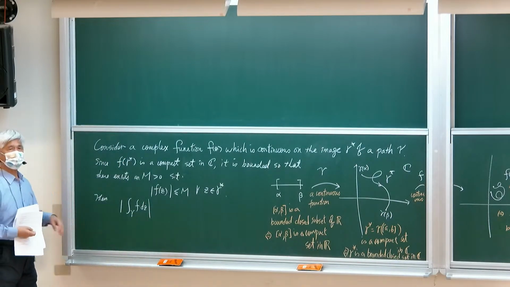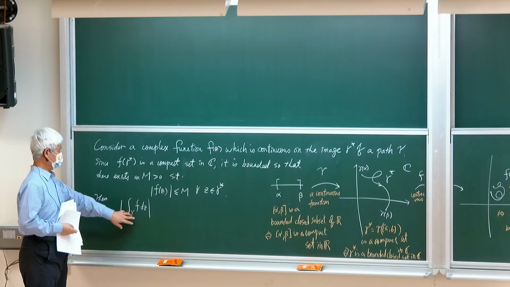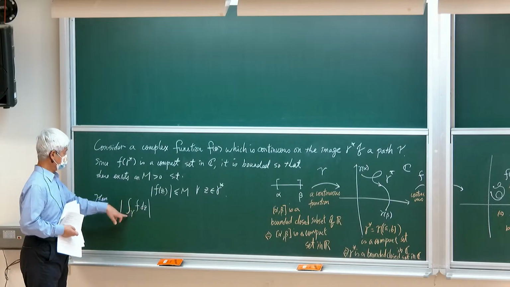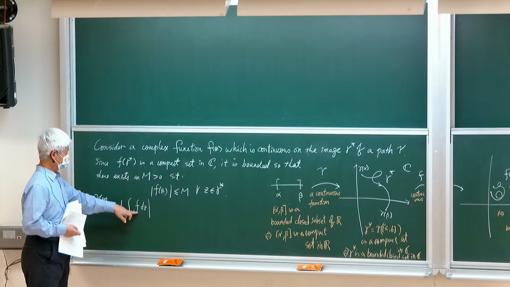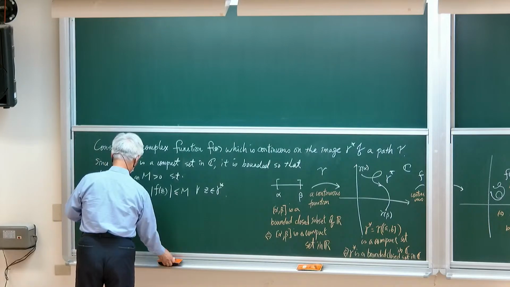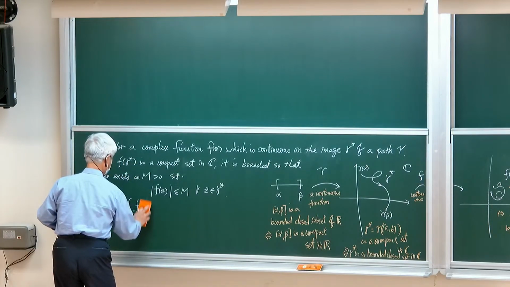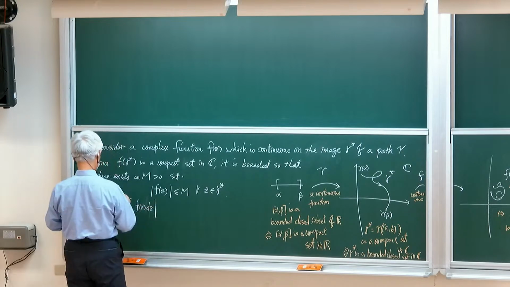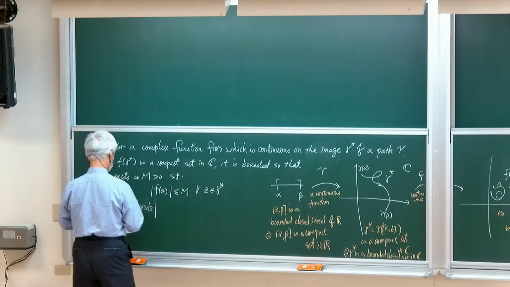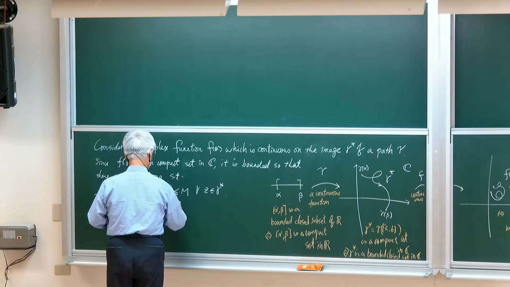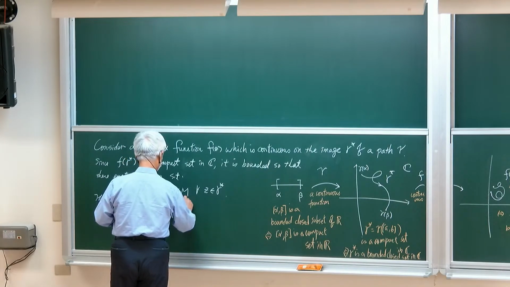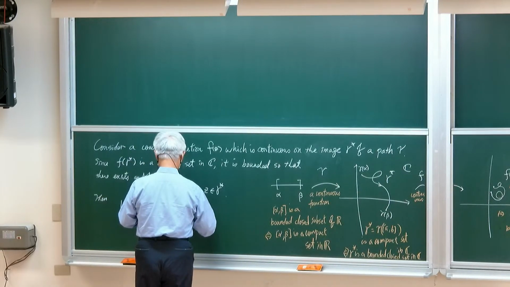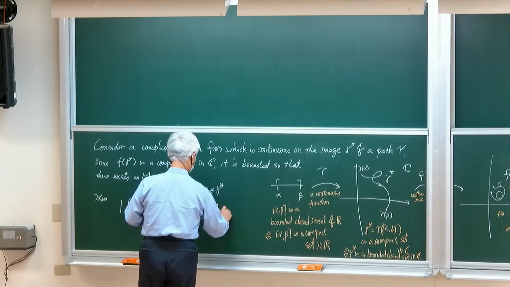If no question, now we look at the absolute value of this path integral, the line integral here. By definition we know this is the integral of f of gamma t times gamma prime t dt.